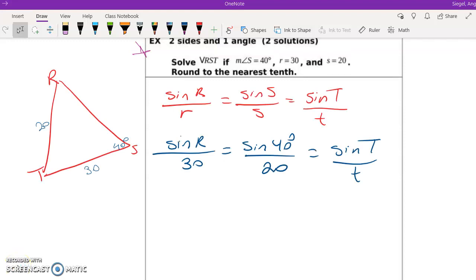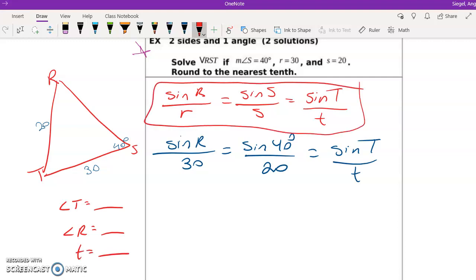Okay, so this is the stuff that you should have so far. I didn't put what I was looking for. So I'm looking for angle T, I'm looking for angle R, and I'm looking for little t. So those are the three things that I'm looking for. So here's my formula and I applied what I had to my formula.